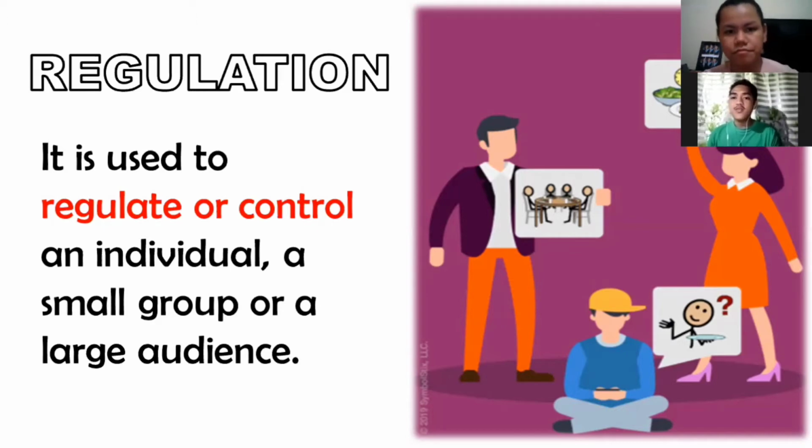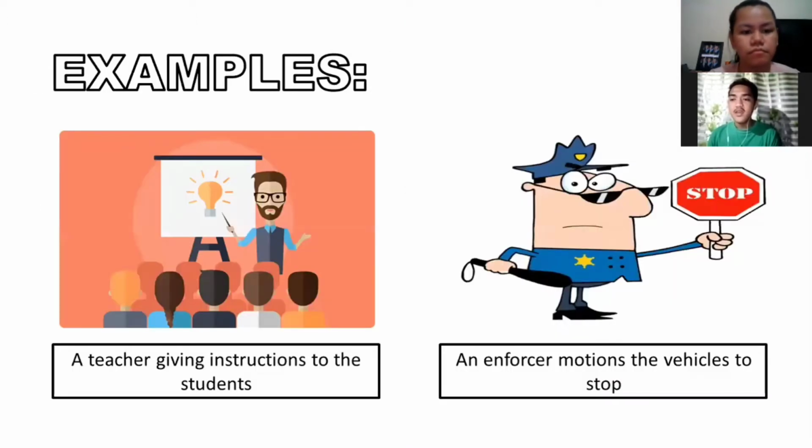Example number 1, a teacher giving instructions to the student. The teacher would say, kindly pick up all the pieces of paper under your chair. That could be one example of controlling or regulating someone.